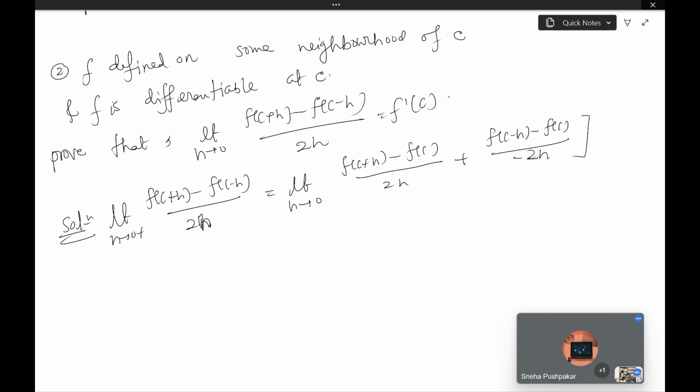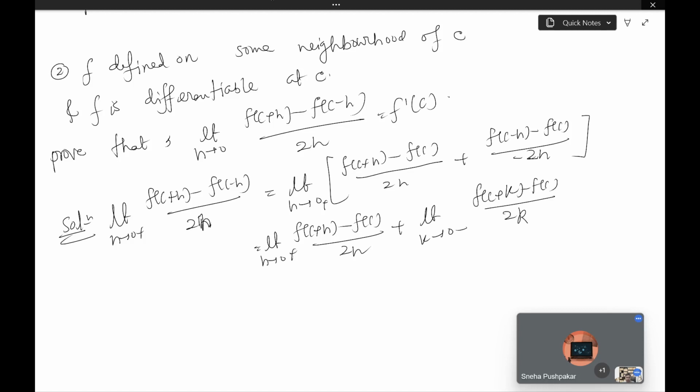This is the limit h goes to 0 plus of f of c plus h minus f of c by 2h plus the limit k goes to 0 minus of f of c plus k minus f of c by 2k.